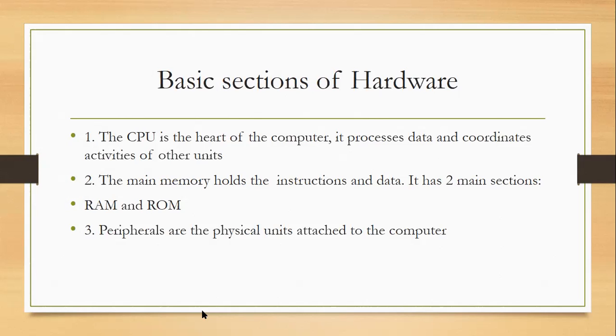The third section of the hardware is peripherals. Peripherals are the physical units attached to the computer. They can be a mouse, keyboard, printer, or scanner. They are physically attached with the help of cables, and that's why they're called peripherals.